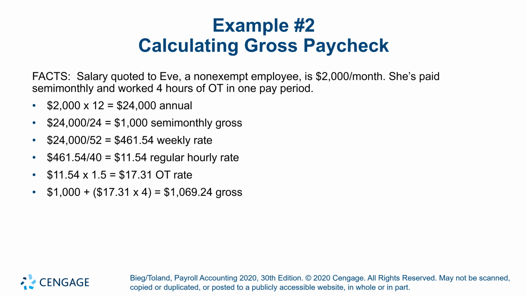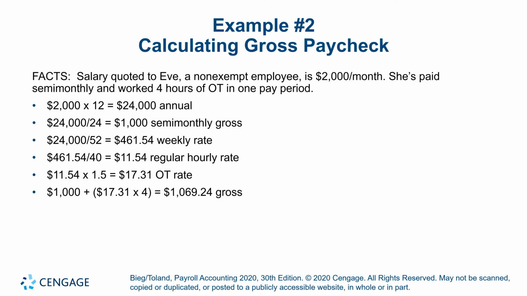And then we can take that 24,000 divided by 52 to get to a weekly rate. Once we have that weekly rate, we can take the 461.54 divided by 40 to get to a regular hourly rate. From there, we can calculate overtime rate and then add that regular 1,000 per pay period, plus that overtime rate, 17.31 times the 4 hours of overtime to get our gross.